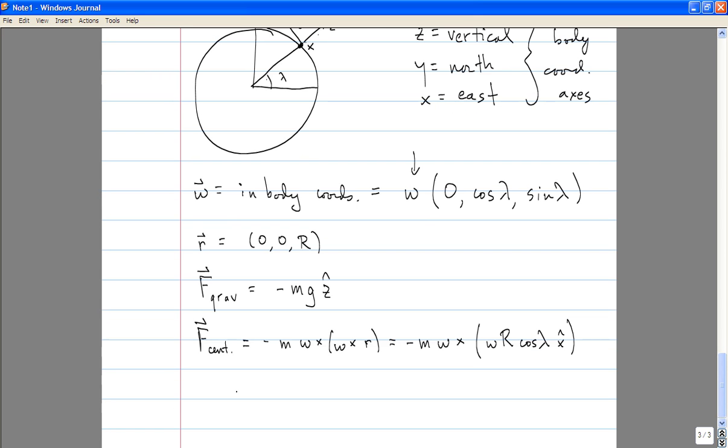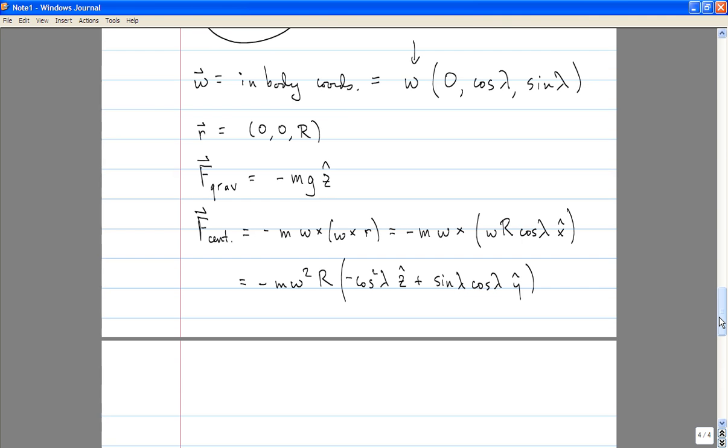And so then crossing that again with the omega vector, you get minus m omega squared r times cosine squared lambda y hat cross x hat, which is minus z hat, plus sine lambda cosine lambda times z hat cross x hat, which is y hat.